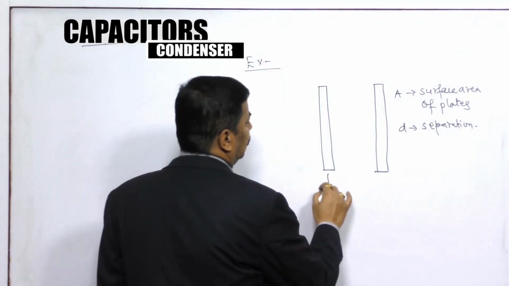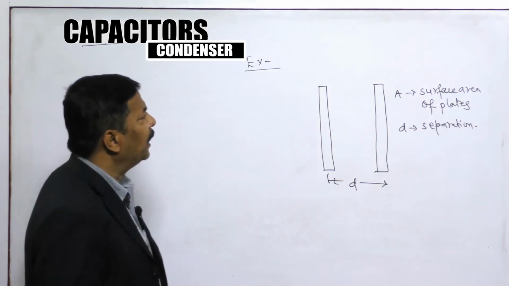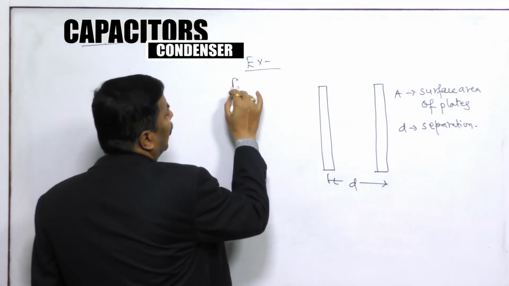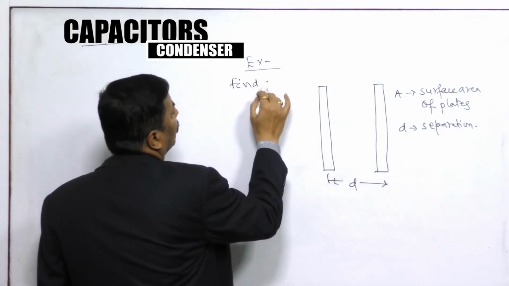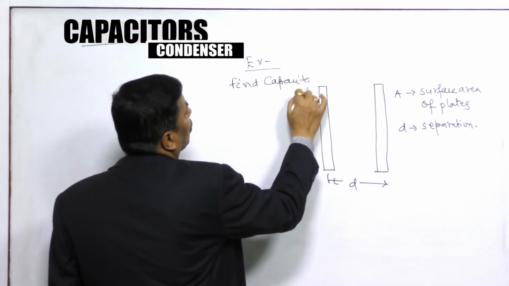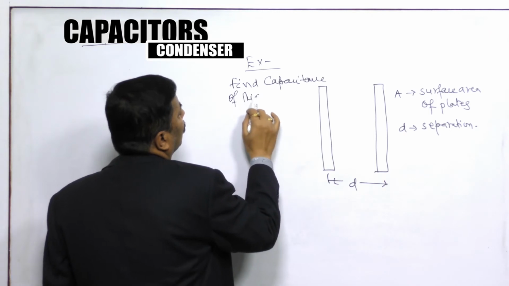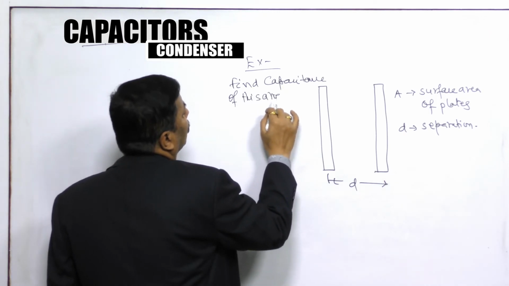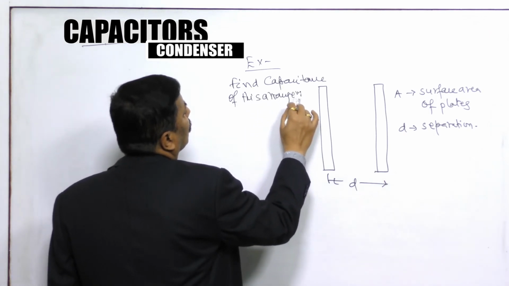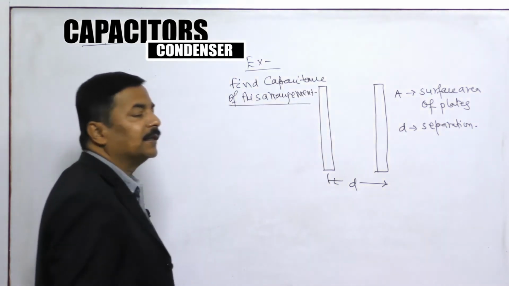Here is the D, and you have to find the capacitance of this arrangement.